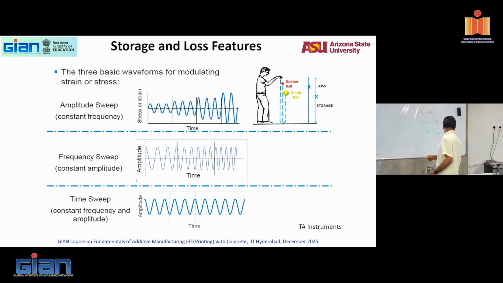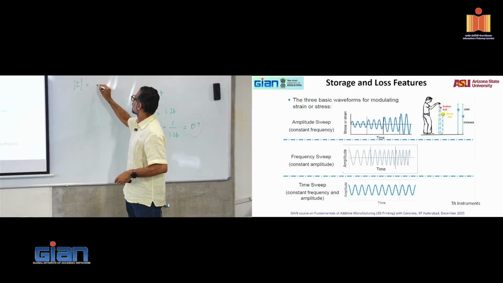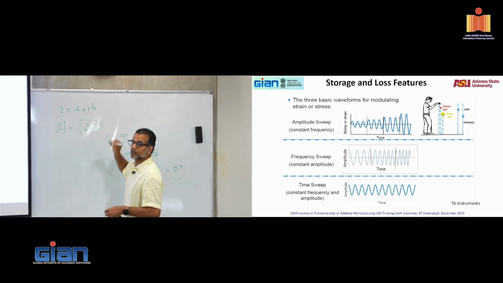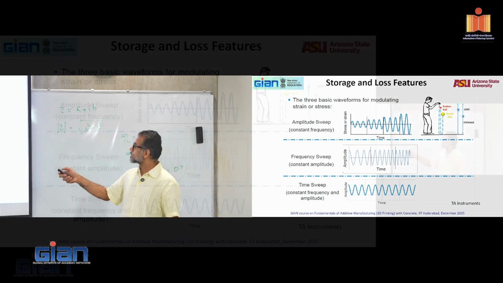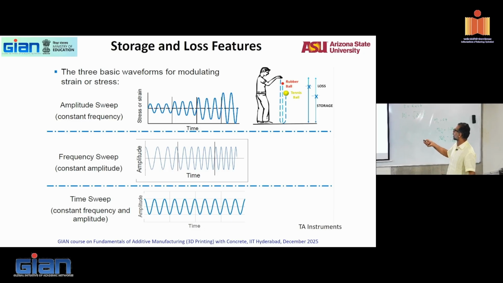If Z is equal to A plus iB, the magnitude is the square root of A squared plus B squared. So this is your, again, the analogy is putting in a rubber ball or a tennis ball.